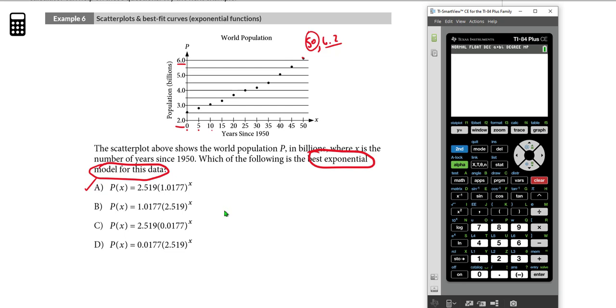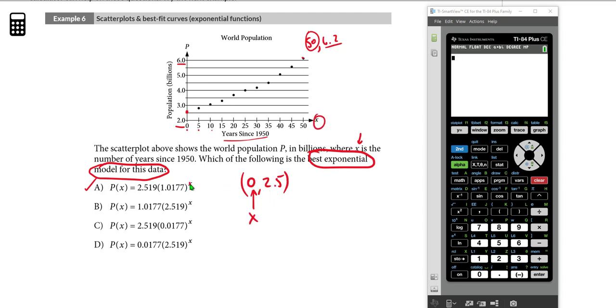First things first, we can see that we are getting 0, 2.5 as our y-intercept. That means when 0 goes in for years since 1950, which is the X, 2.5 should come out.